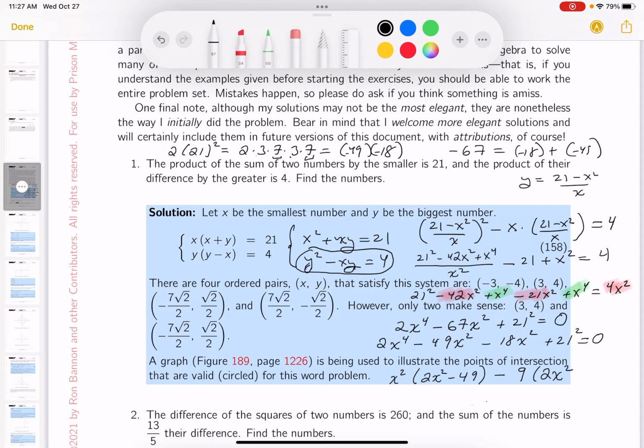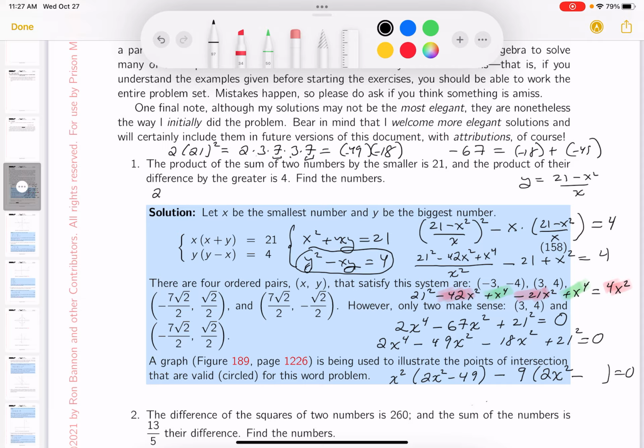And I got to think about it. Put a minus sign over here. I got to think here for a second. 49 and 18, 67, 21 squared. 21 squared. Oh, I'm sorry.